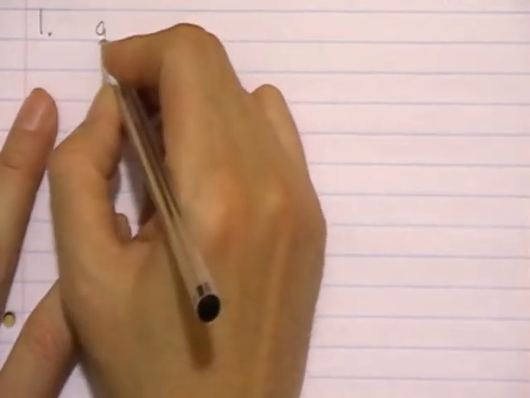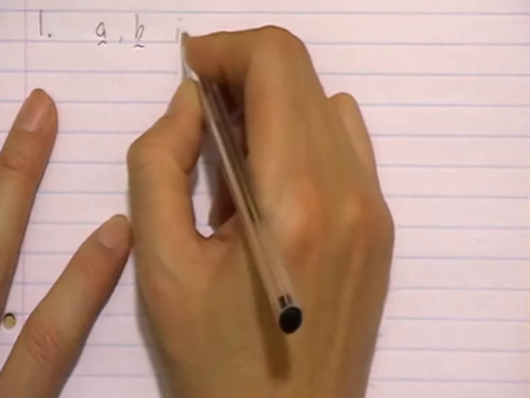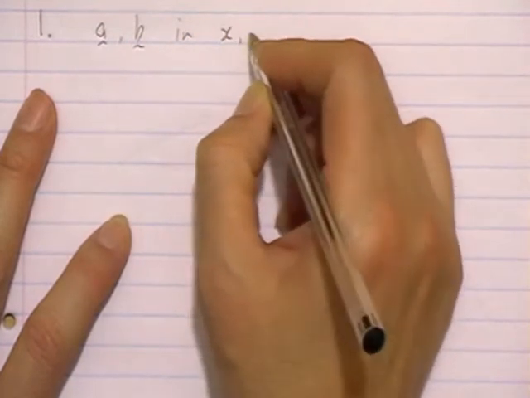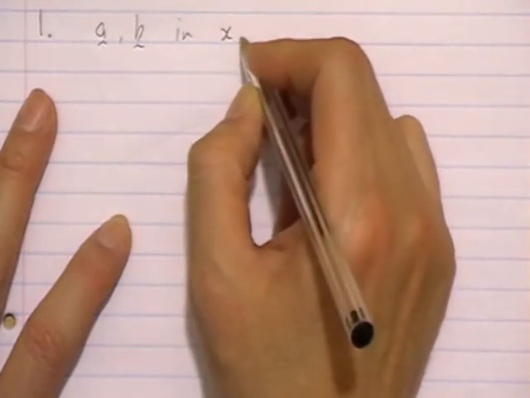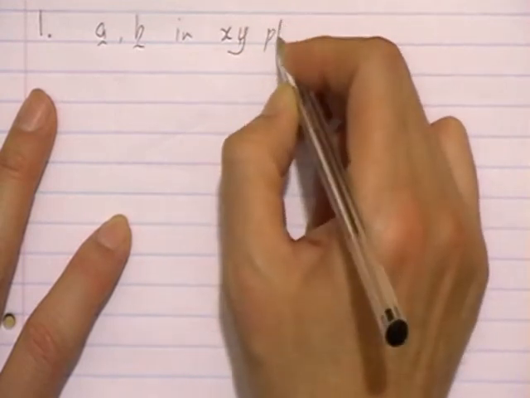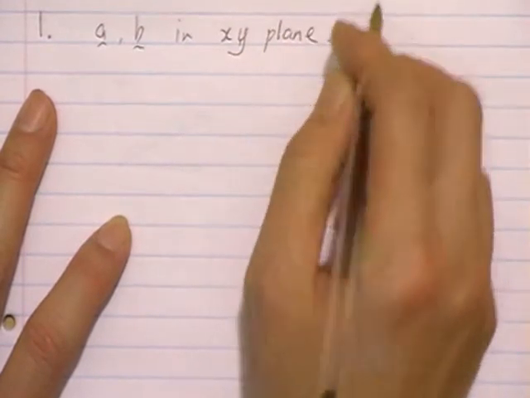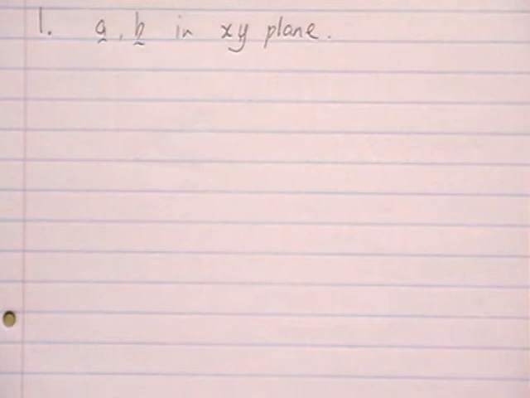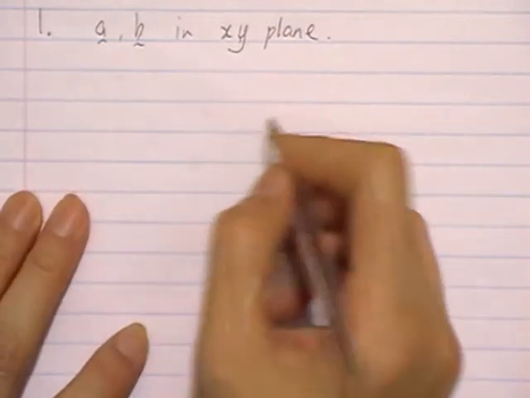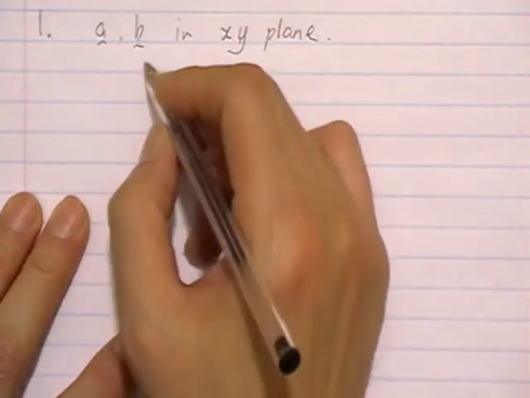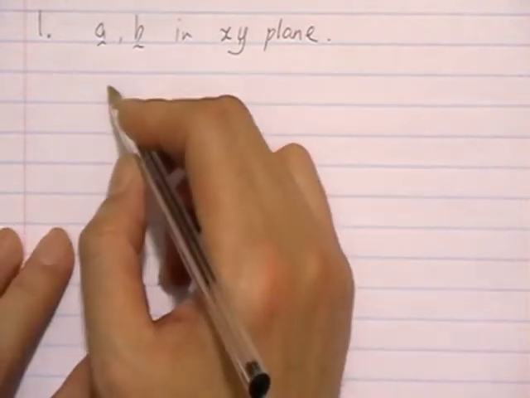Property 1. So we consider both A and B in the xy plane. Okay, so let me try and draw this.